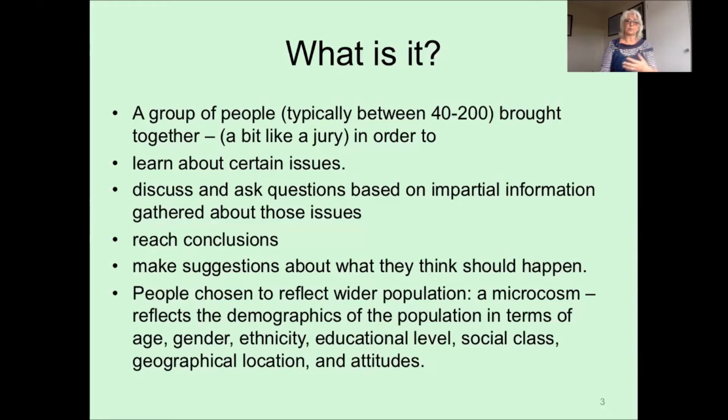And they are brought together a bit like a jury, except that in a jury you don't get to ask questions, whereas in a Citizens Assembly you do. And also, unlike a jury, it's not compulsory. So if you are called to take part in a jury, it's very difficult to get out of, but you are invited to a Citizens Assembly.